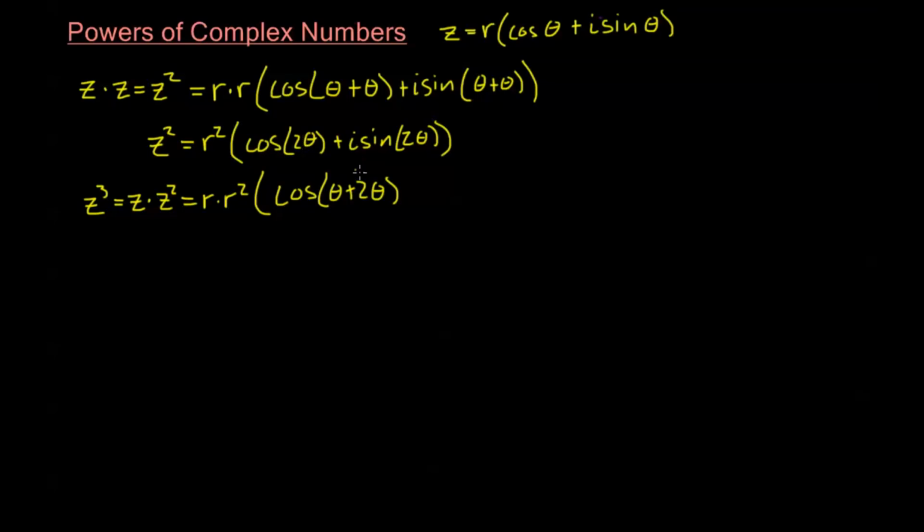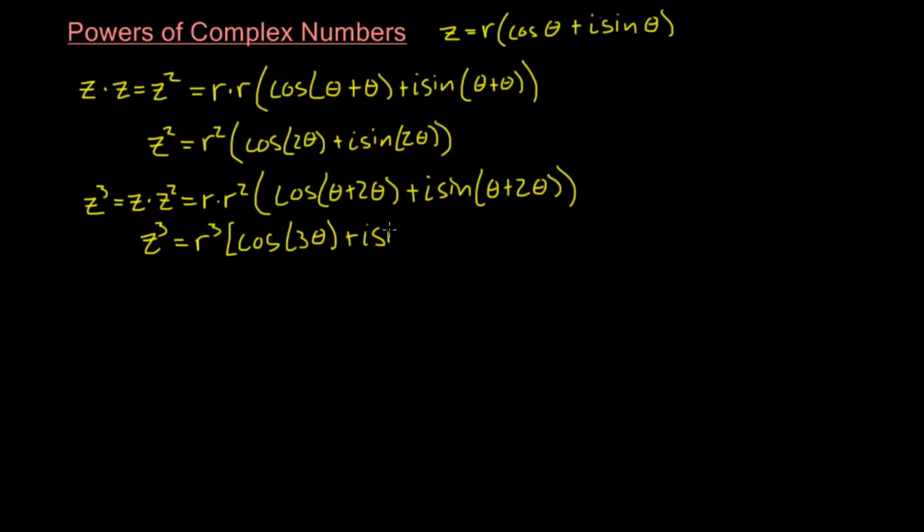The argument of z squared is 2 theta. And I have plus i sine of theta plus 2 theta. And so we get that z cubed is equal to r cubed cosine of 3 theta plus i sine of 3 theta.